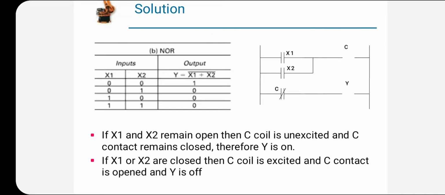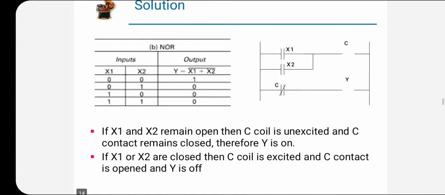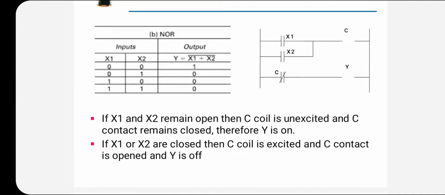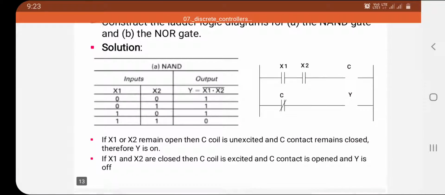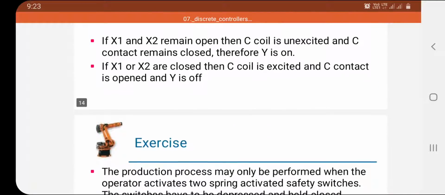If x1 and x2 remain open, then the C coil is unexcited and the C contact remains closed, therefore Y is on. If x1 or x2 is closed, then the C coil is excited and the C contact is open and Y is off. In this way you can write down the solution for the NAND gate and NOR gate.